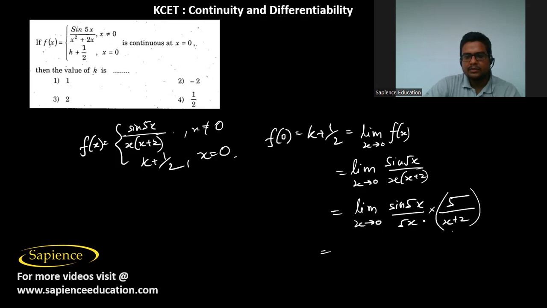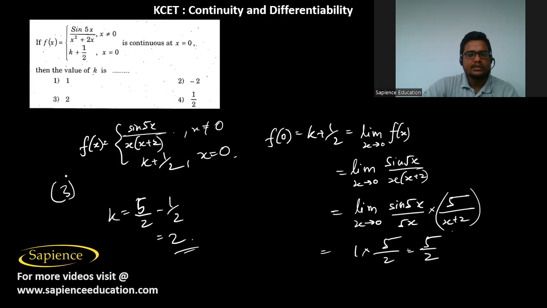So this will be equal to 1. So 1 into 5 by, here I can put 0, so 1 into 5 by 2, which is equal to 5 by 2. So k should be equal to 5 by 2 minus half, which is equal to 4 by 2, which is 2. So option 3 is the correct answer.